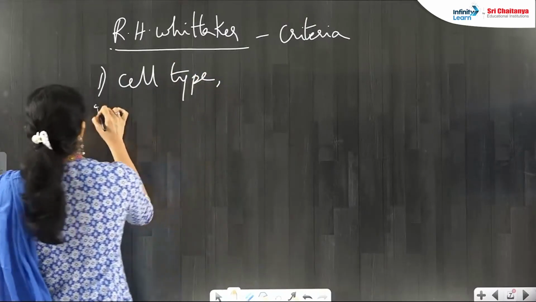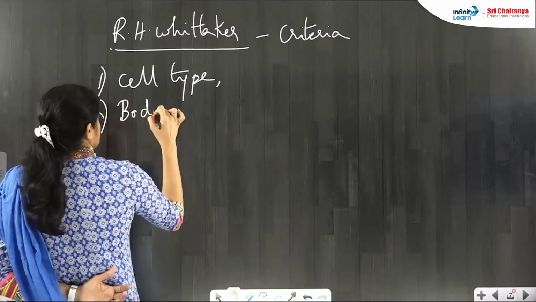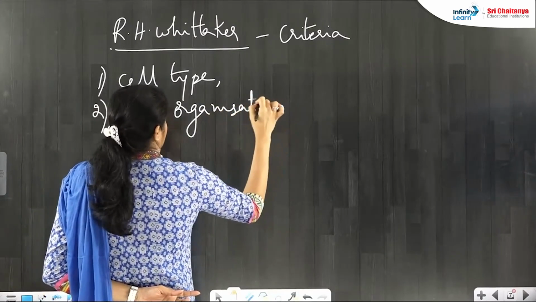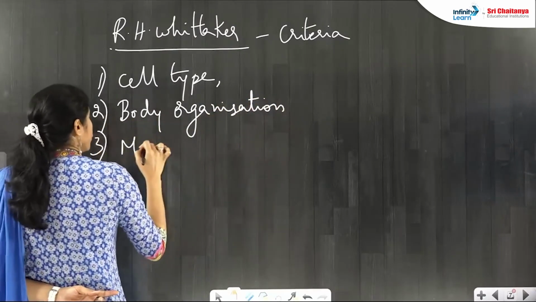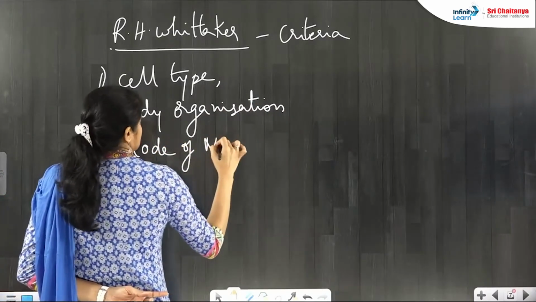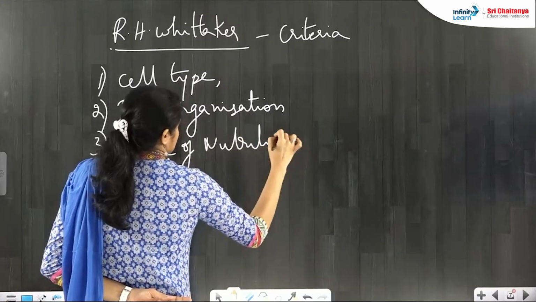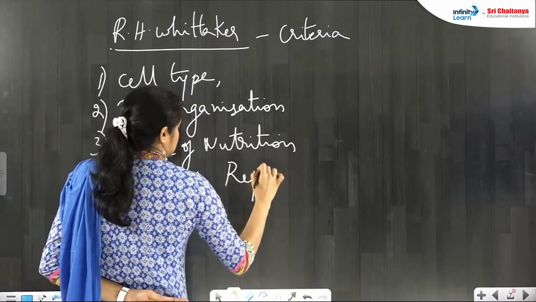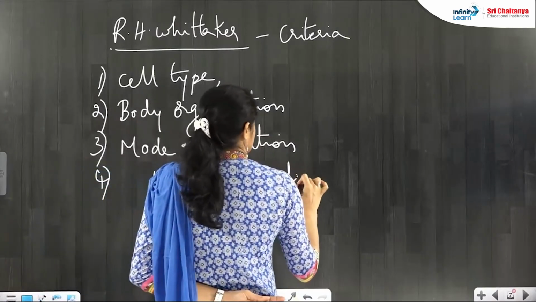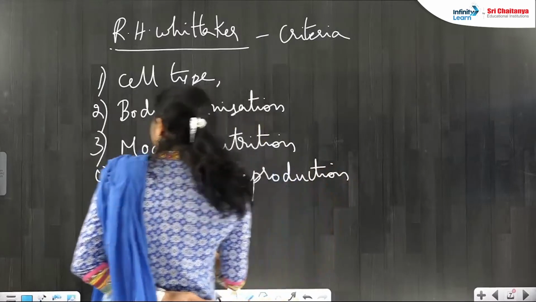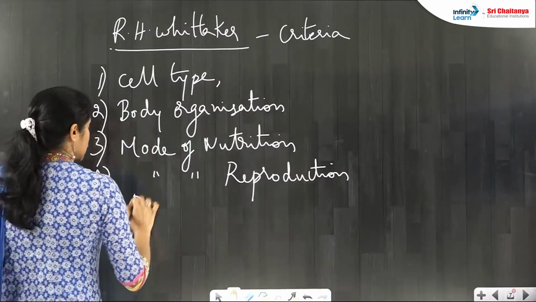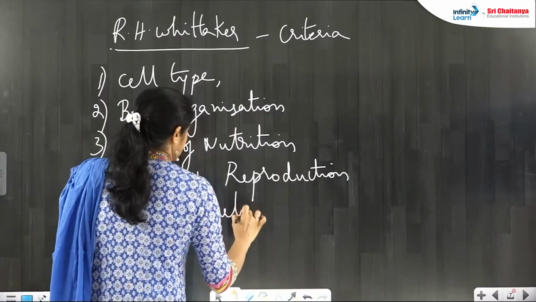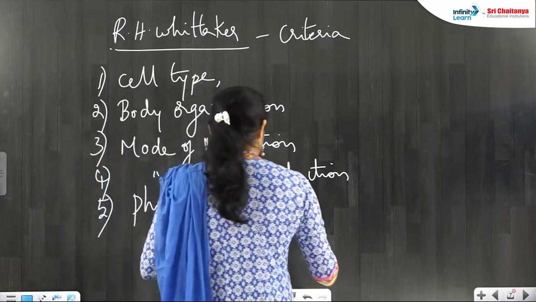Then he considered body organization. Then mode of nutrition. Then mode of reproduction. Then finally he considered phylogenetic relationships.